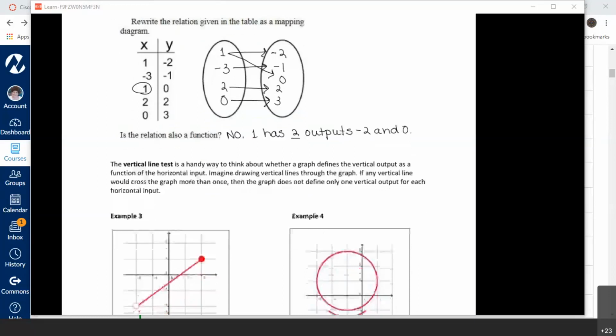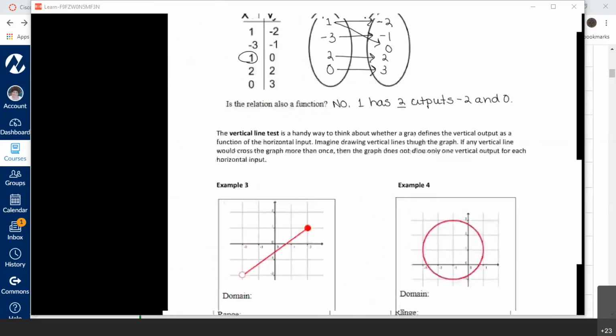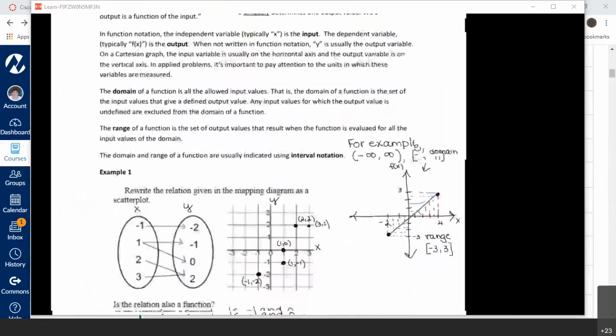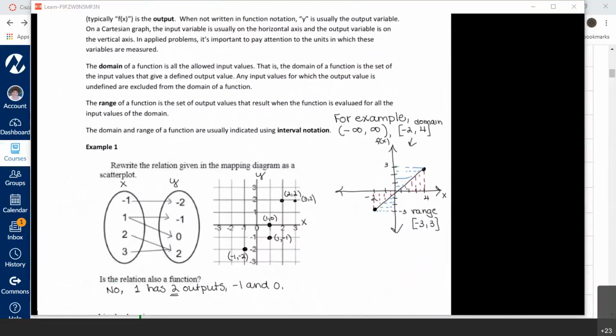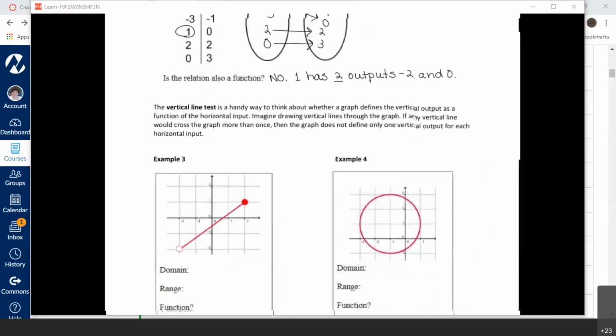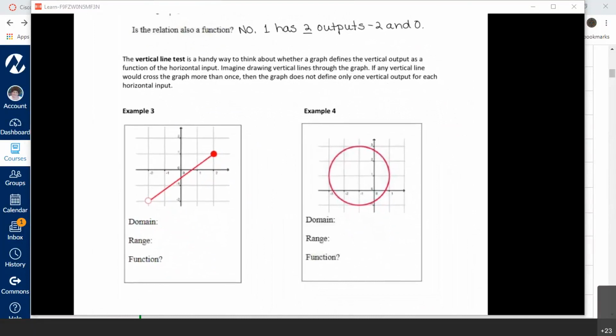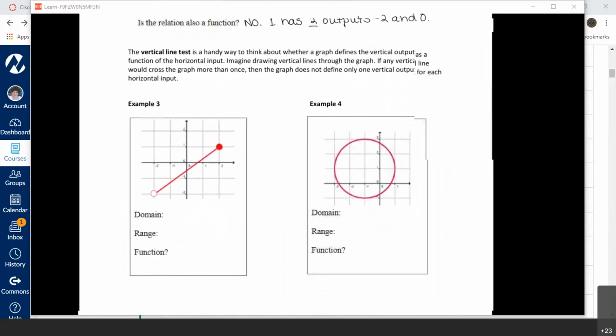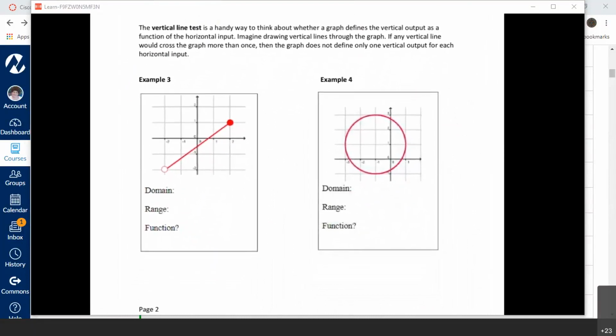Okay, you might remember graphically, and you could see it here in this picture as well. Whenever you have 2 points that line up vertically like this, you've got a problem in function land. Okay, and again here, they kind of go over what you might remember as the vertical line test for the graph of a function.